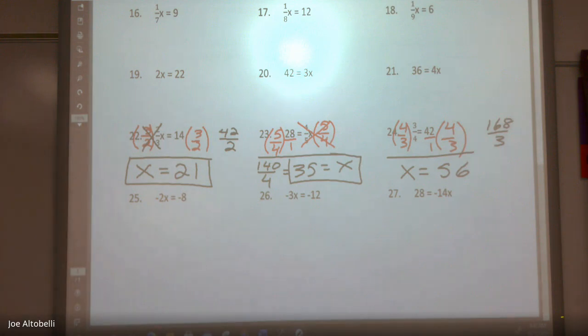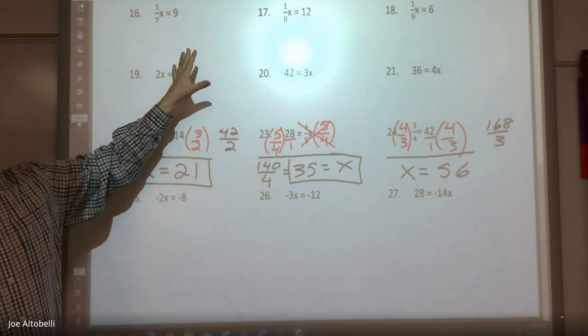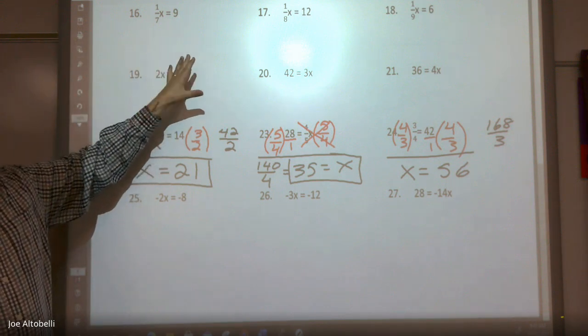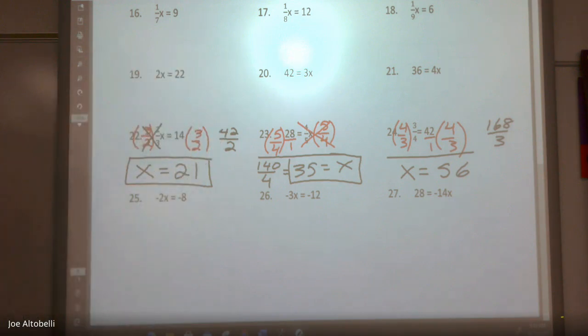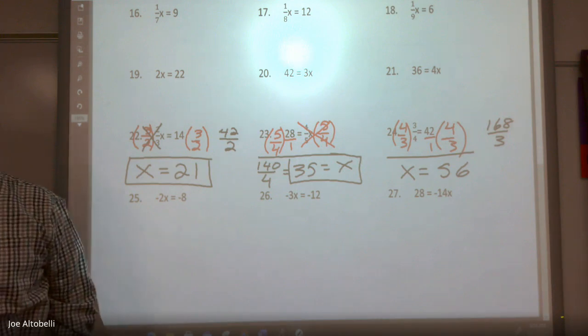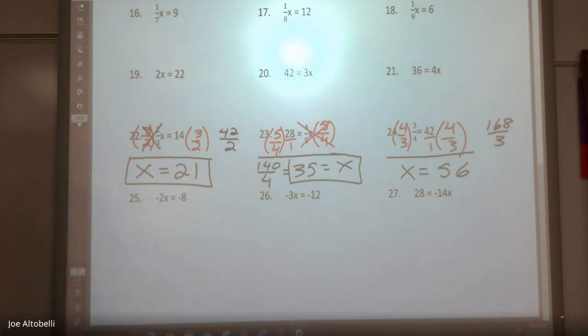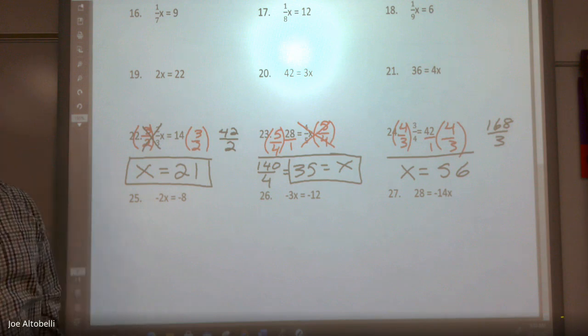That way you don't get confused about when to multiply and when to divide. We're going to always multiply by the reciprocal. Go ahead. You have both worksheets to finish for tomorrow.